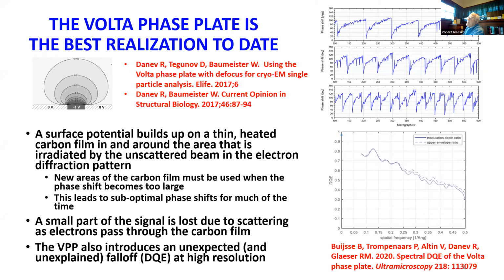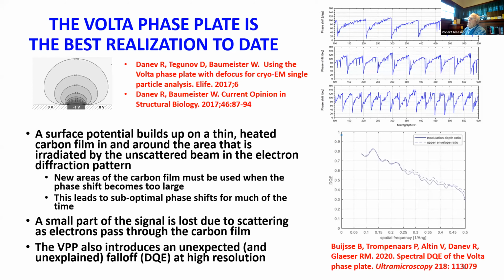It eventually reaches 90 degrees phase shift, but it keeps going beyond that and eventually produces such incomprehensible effects on the image that you have to shift to a new place on the carbon film and start all over. So there's a sawtooth kind of time evolution of the contrast in the image of the phase shift.